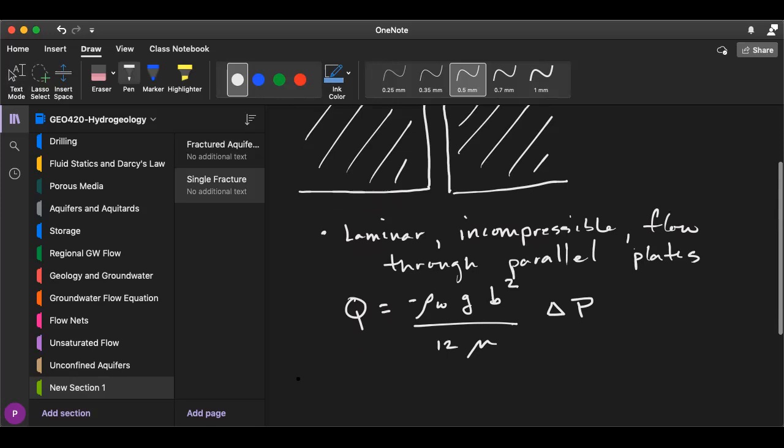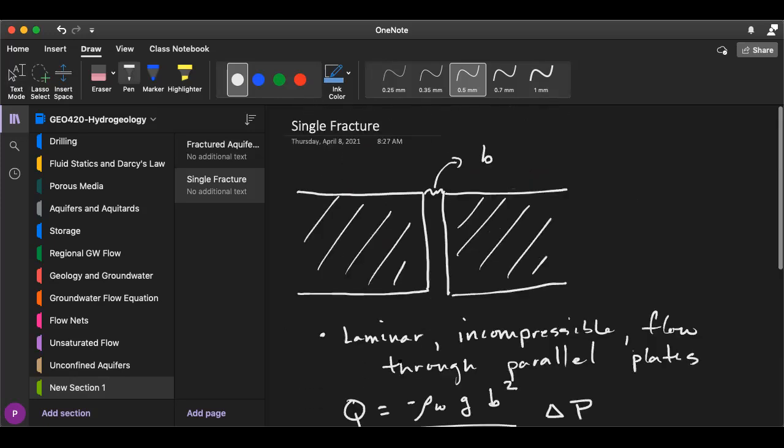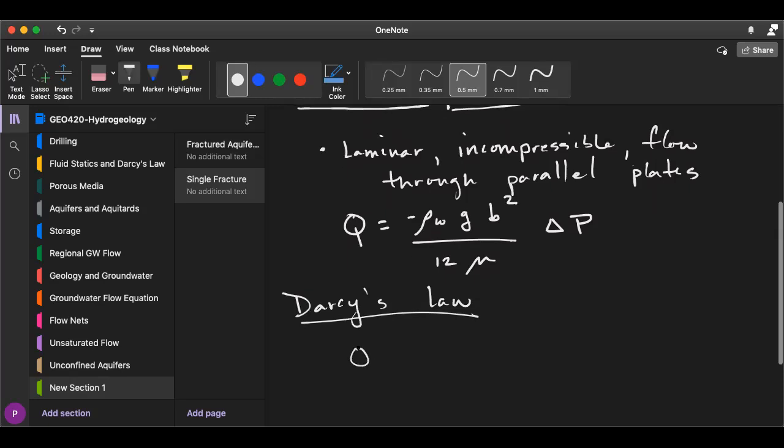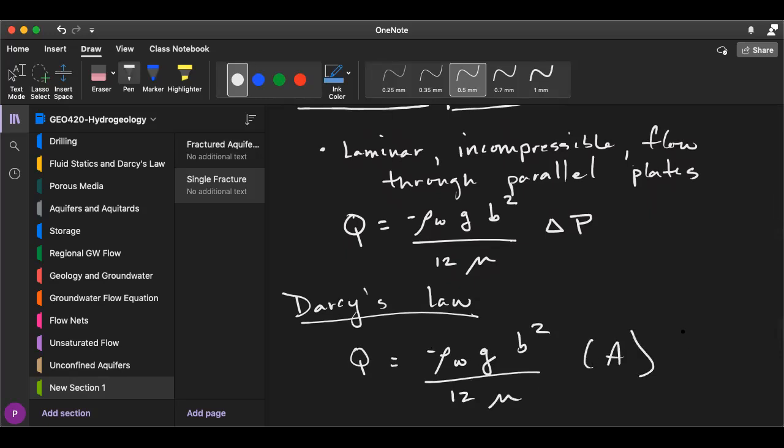We can compare this to Darcy's law. That would say Q equals negative rho water g b squared over 12 mu times the area times dH/dL.